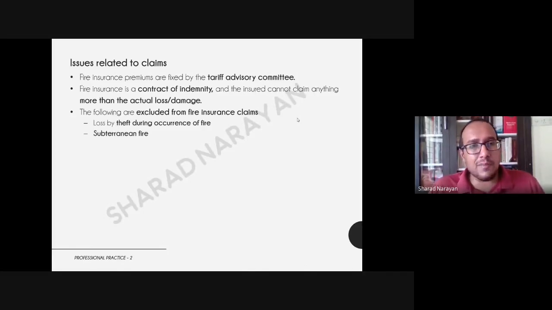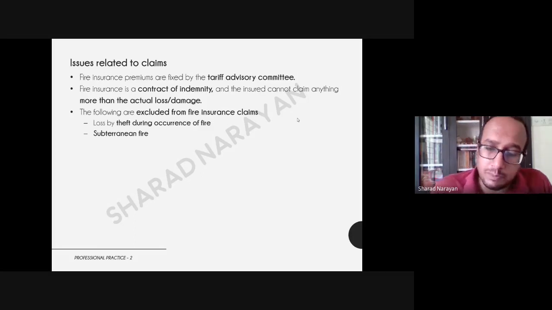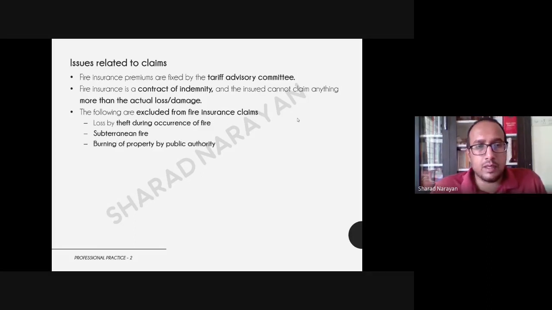Subterranean fire. These are basically fires which occur in lower regions of the building. Now, most fire insurance policies cover only the superstructure, not the substructure. So if there is a fire which occurs in your basement, then this will not be included as a part of your claims. Okay. Burning of a property by public authority.